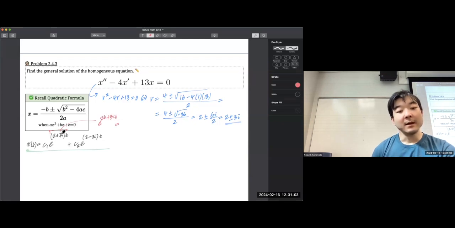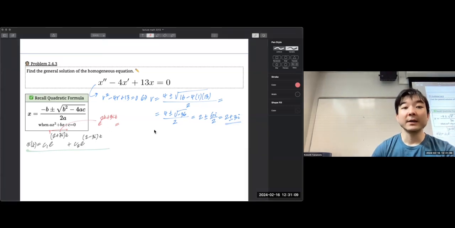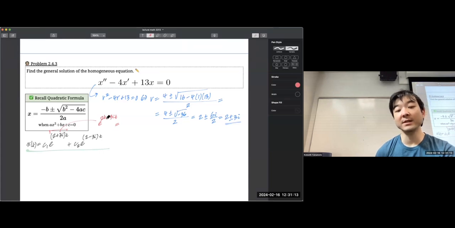If you have an exponential that's raised to two things added together, we've seen this before, you can split it into a product of two exponentials. So this whole exponential can be written as this, but then it splits.